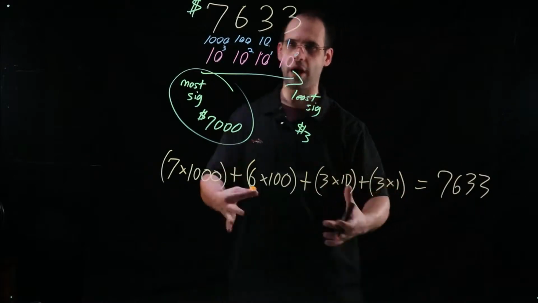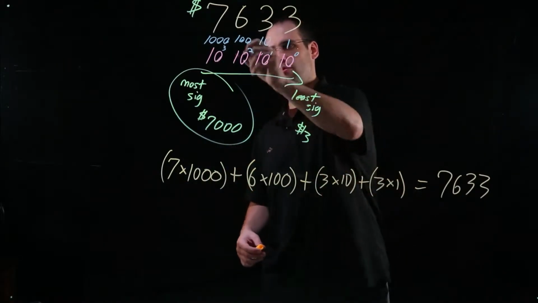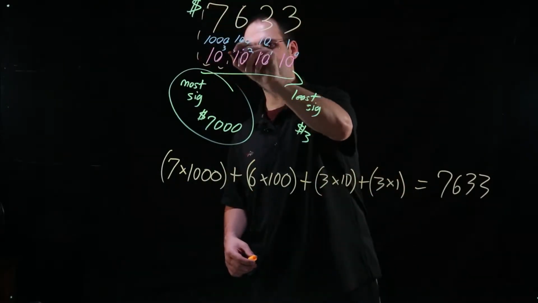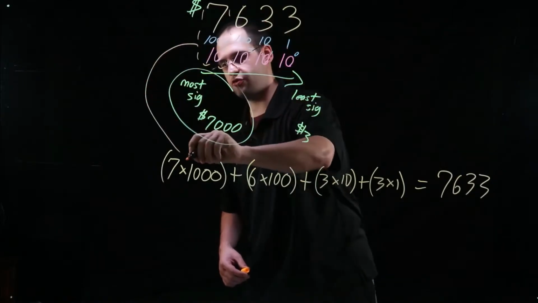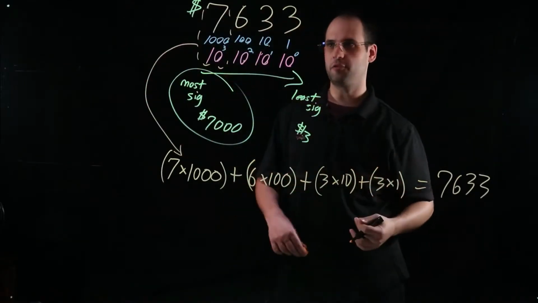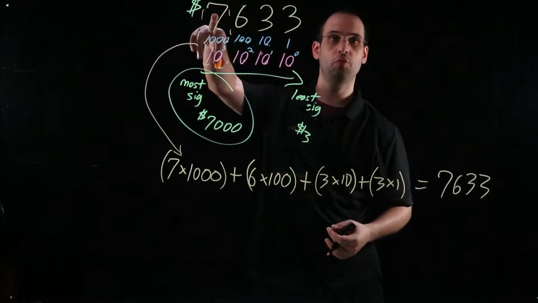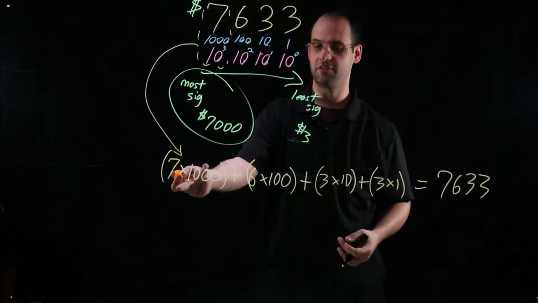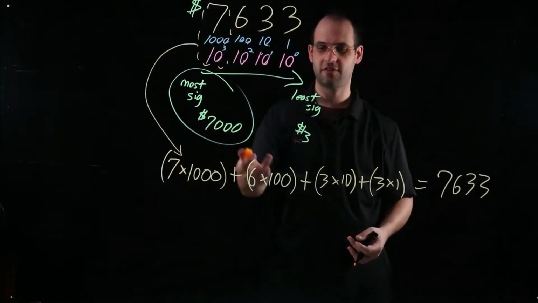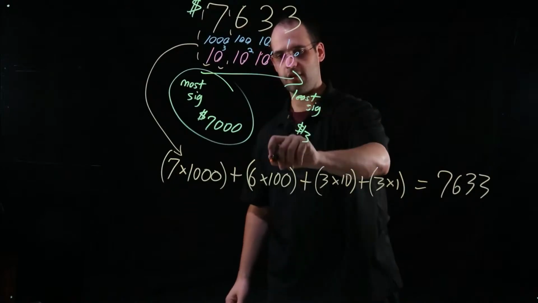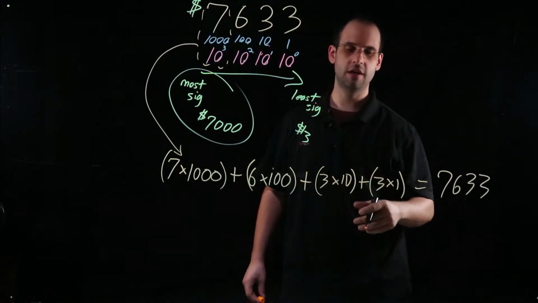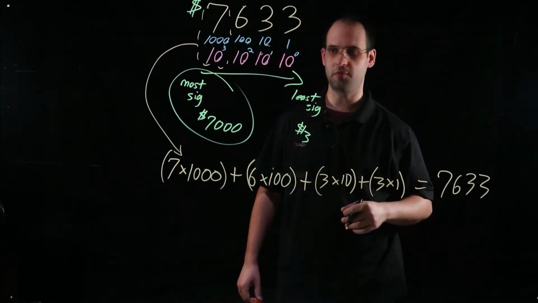It's a roundabout way of looking at this, but we can take this position and directly attribute it to the thousands position, and the digit that represents it is the 7. Then the 6 to the hundreds, the 3 to the tens, and the 3 to the ones position.